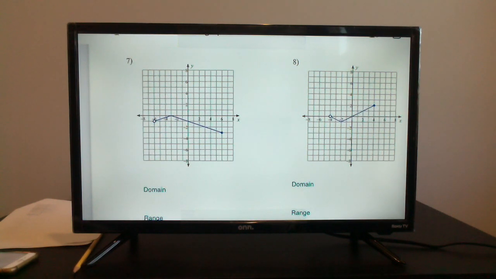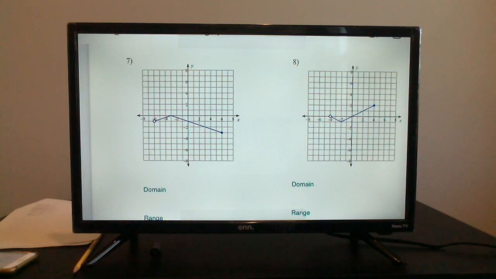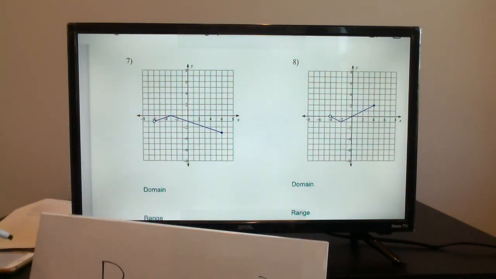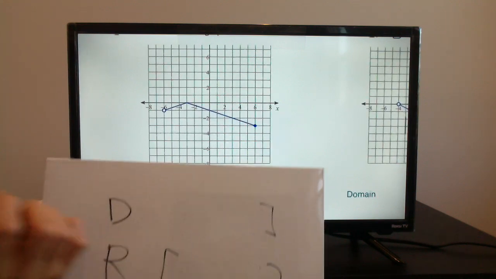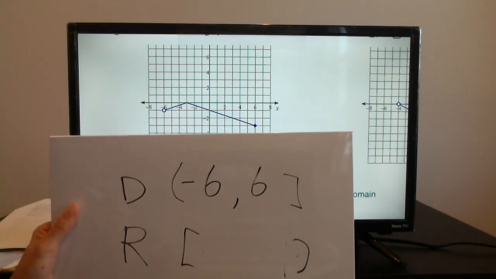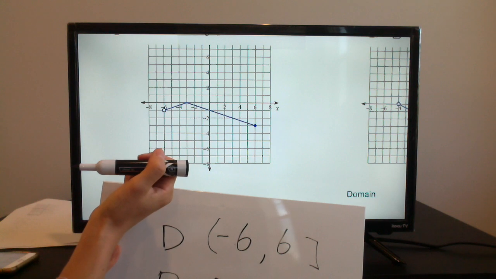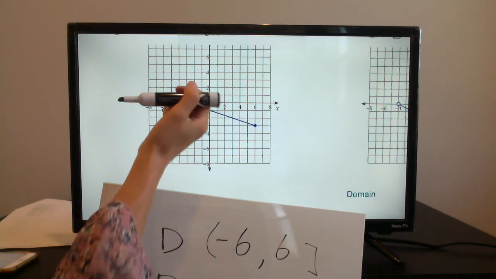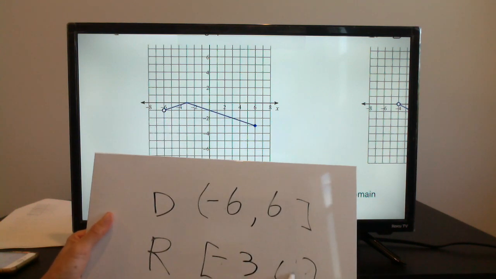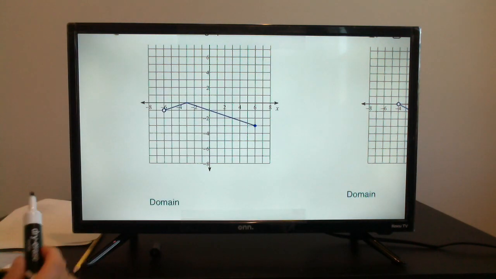By now, you kind of know what to do. Domain is -6 to 6. Right? Open, closed. Range is -3 to 0. Okay, this is easy, right?